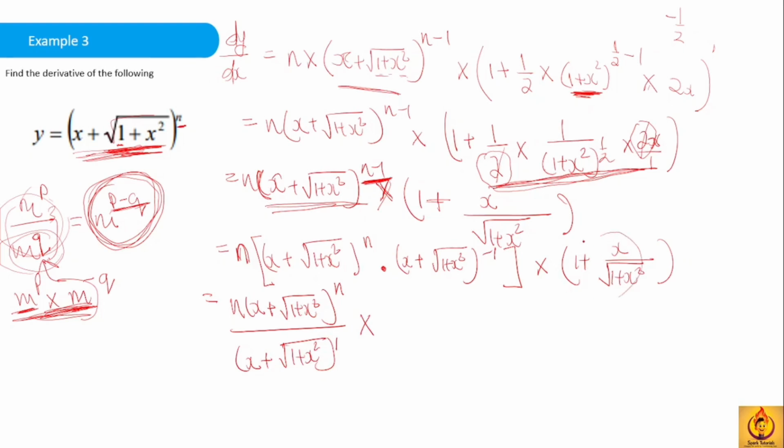Now, I want us to come here: 1 plus x divided by root 1 plus x squared. I want us to simplify it. When adding fractions, the simplest way, when you're adding or subtracting, is to cross multiply.